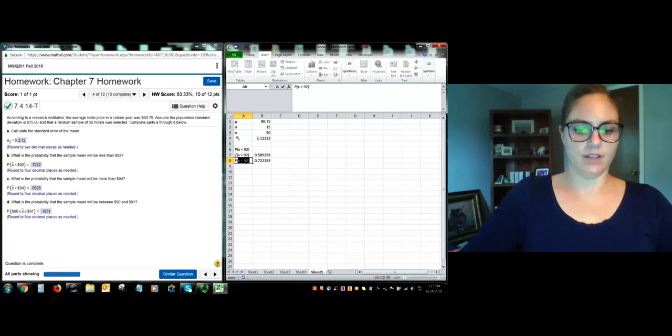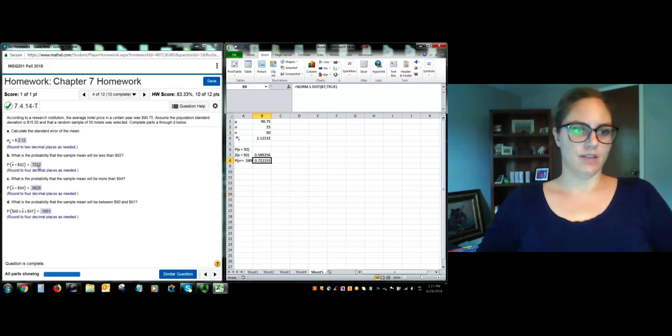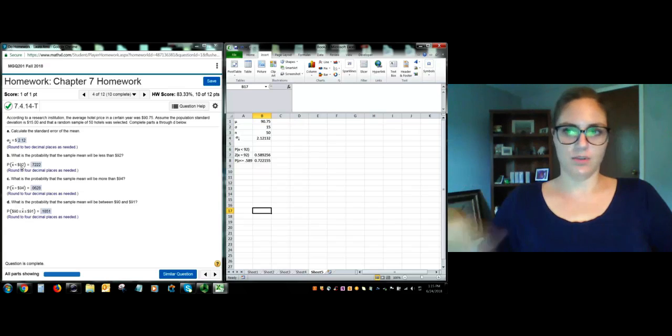So what we're doing here is saying what's the probability that the z is less than or equal to 0.589256. And that's how I'm getting that 0.7222. First, I convert this 92 into a z, and then I find the probability of that z value, given the standard normal distribution.